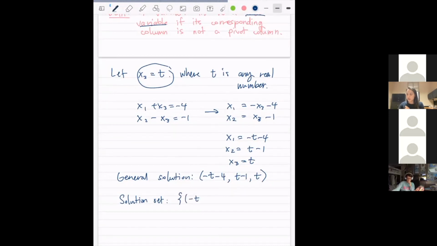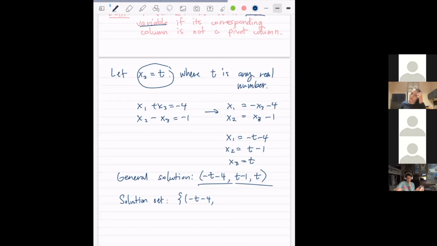Okay. So this is the general solution. You can give your answer like this generally. That's what you would do if you're looking for the solution for a system that has infinitely many solutions. Your answer should be the general solution, and it should look like that.